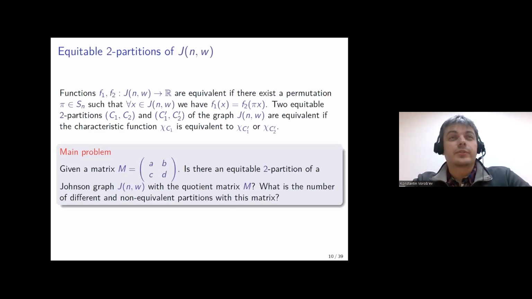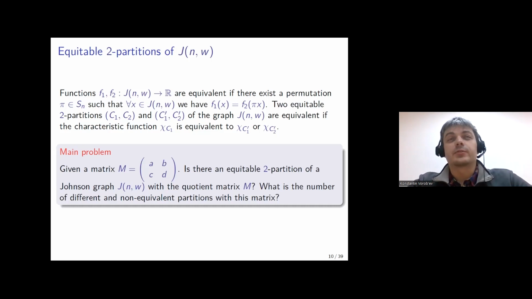So in these terms, let us formulate the main problem. First of all, let us define the equivalence for functions defined on vertices of the Johnson graph. If you have two real-valued functions defined on the vertices of the Johnson graph, they are equivalent if there exists some permutation of coordinate positions such that they are equal after the usage of this permutation.